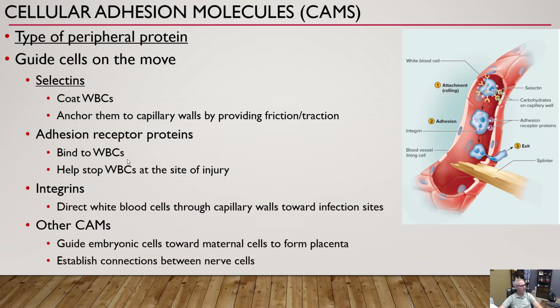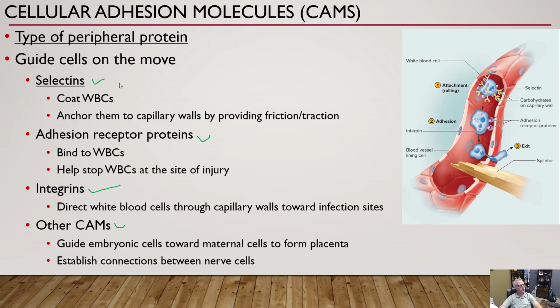So we have several types of cellular adhesion molecules: selectins, adhesion receptor proteins, and integrins. Then we have another kind of classification called other cellular adhesion molecules.